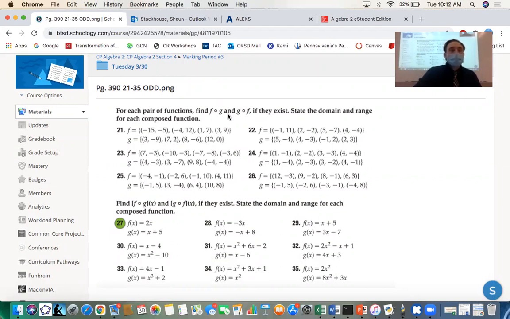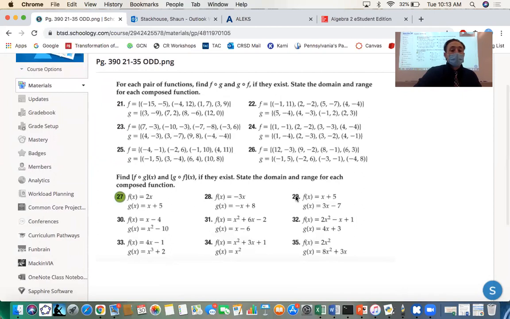You don't have to find both compositions because that is a lengthy process. So just find f of g of x for each of those, and then state the domain and range. 27, 29, 31, 33, and 35, find both because that's not as lengthy a process. And that's when you're plugging in each function wherever you see an x.